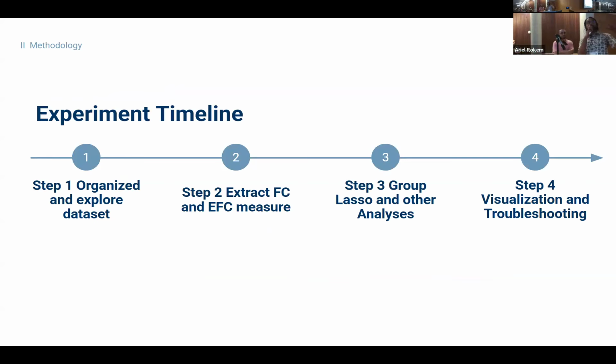So quickly, how we ran through the data: we extracted the functional connectivity and got a depression score, based on the stress and depression inventory that the transdiagnostic connectivity project had recorded.